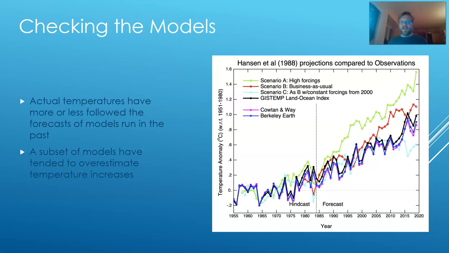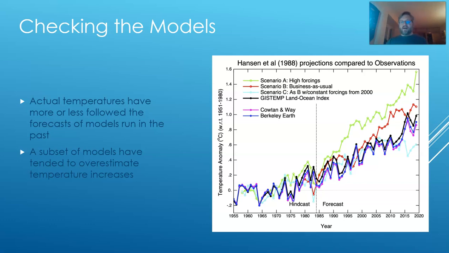They've served us pretty well, though there is a subset of models that have tended to overestimate the temperature increases. That's a known thing, that there are certain models that have a tendency to overestimate, but most models are getting it pretty good.